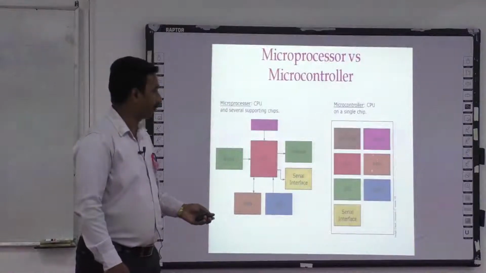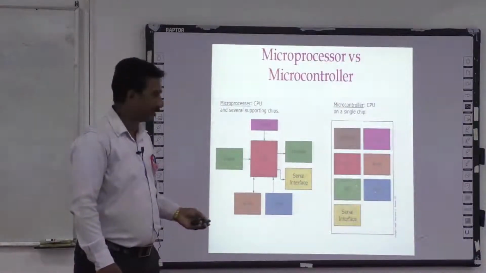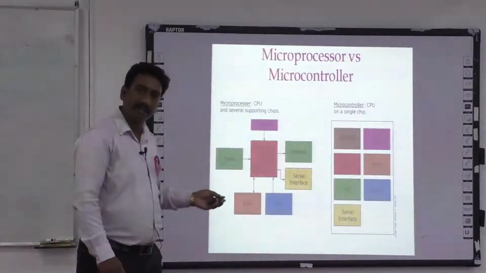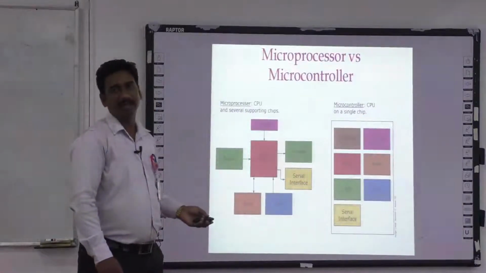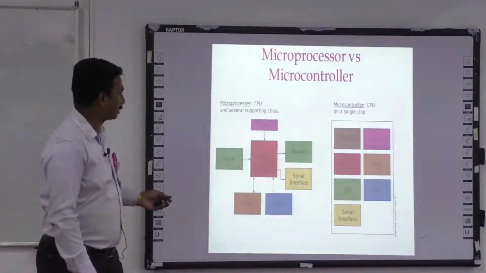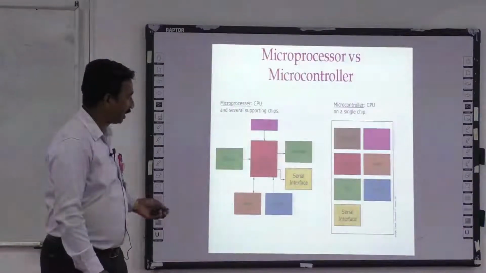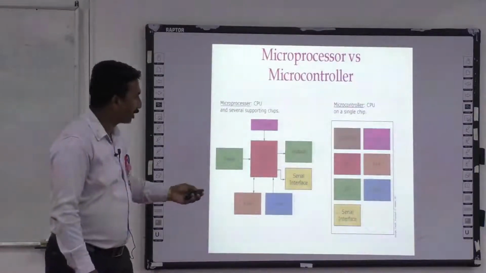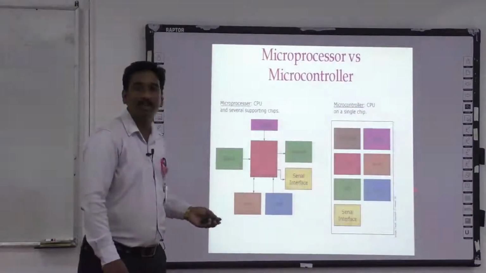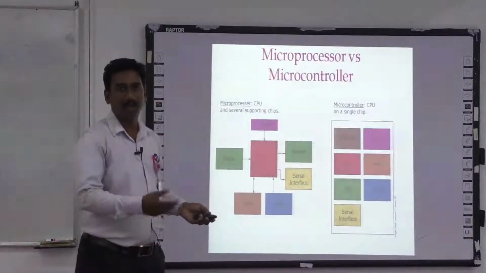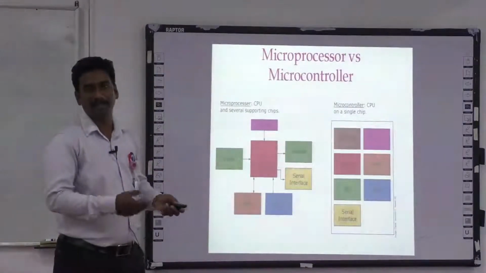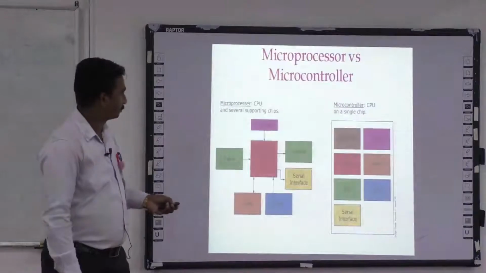It is all limited: memory, timers, counters, and serial interface communications are limited. Because of these limitations, the microprocessor finds application at industry level, and the microcontroller finds application in domestic and low cost instrument development.